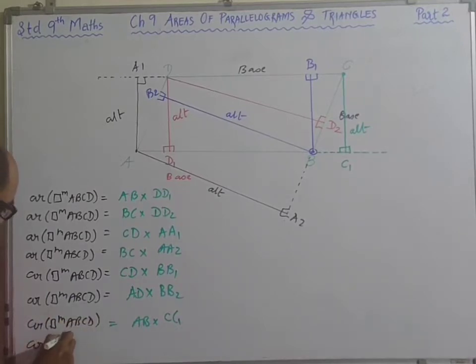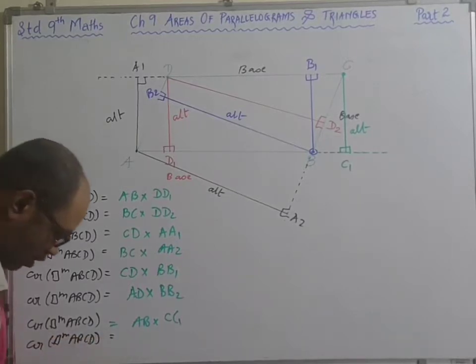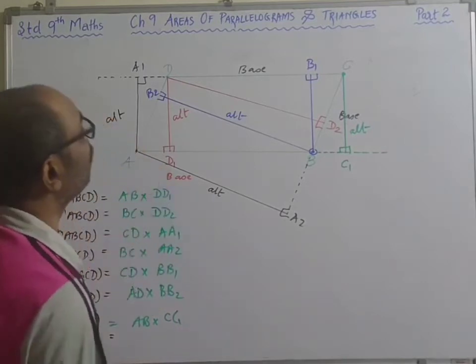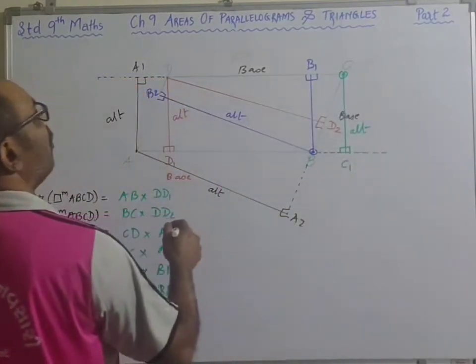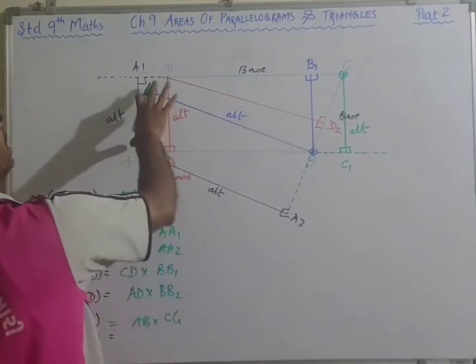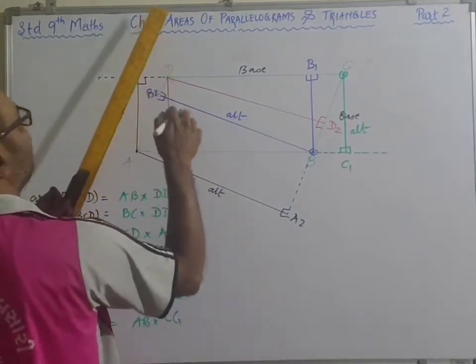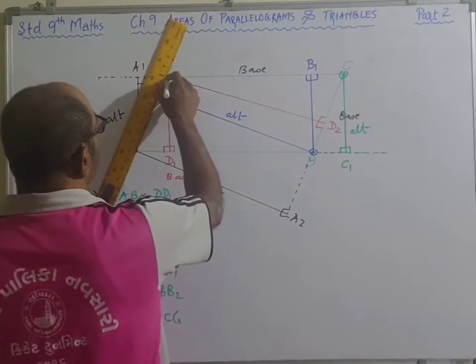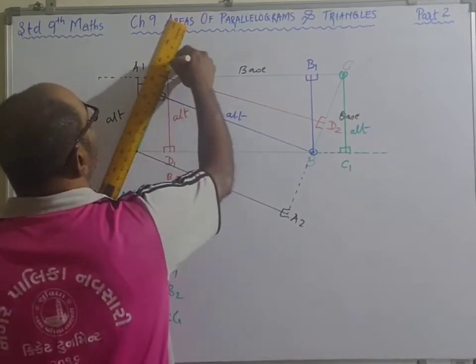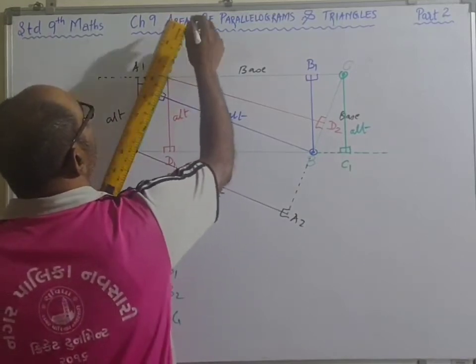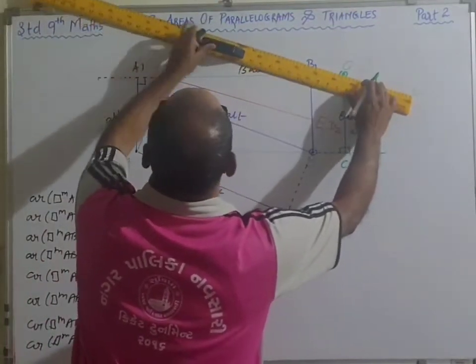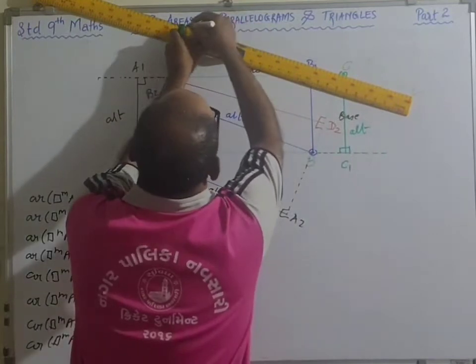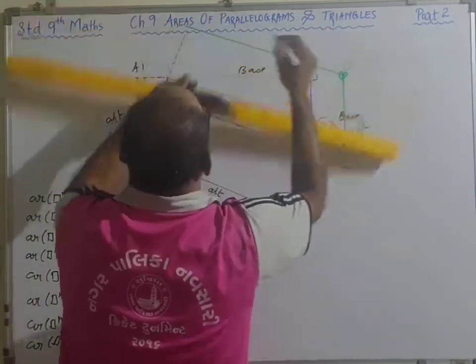Area of parallelogram ABCD is equal to, once again, I am going to drop a perpendicular from C to the corresponding opposite side, that is AD. Now it will not drop on AD itself, children, but you will have to extend AD, and from C you can draw a perpendicular to that.